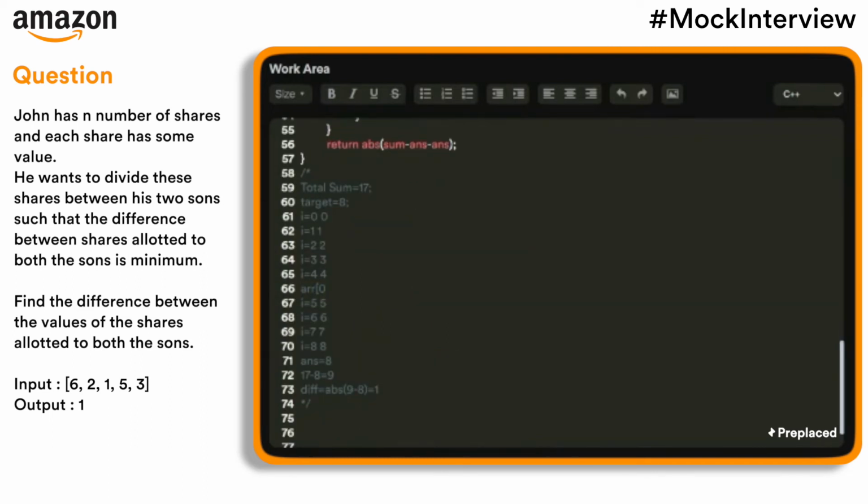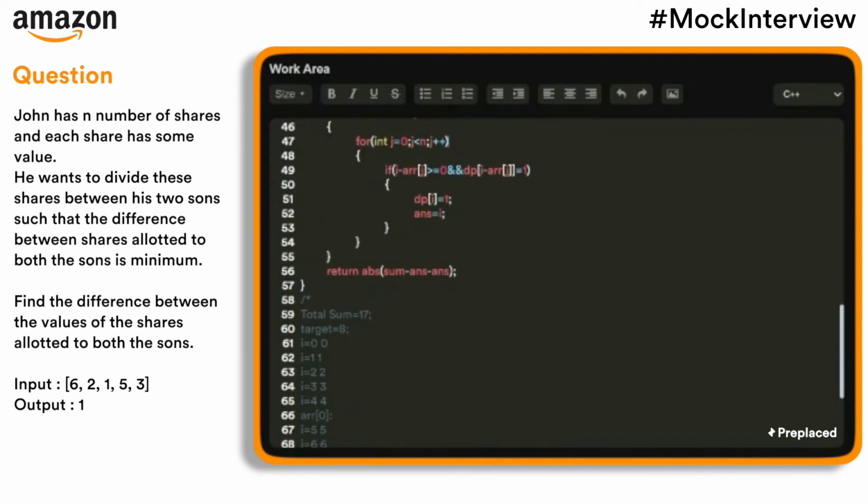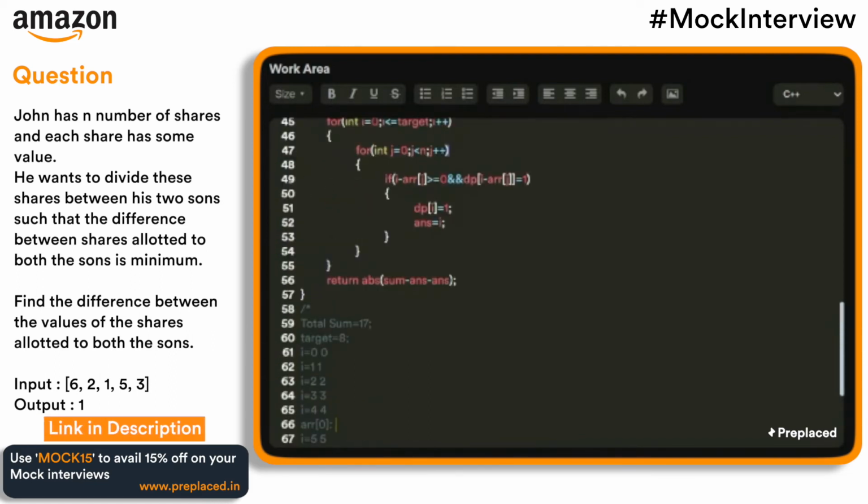For array of 0, I'm checking if 4 minus 6 is greater than equal 0. It is not greater than equal 0. So that means there isn't a sum present which includes 6 and is equal to 4.